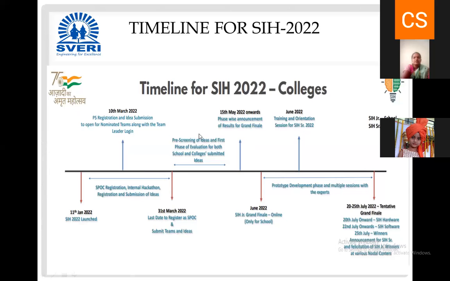Okay. So why is there a waitlist? After you submit your proposal to the SIH website, the pre-screening of the ideas is done. During that pre-screening, if that problem statement is rejected, we have some teams on the waiting list, so you can register for that.